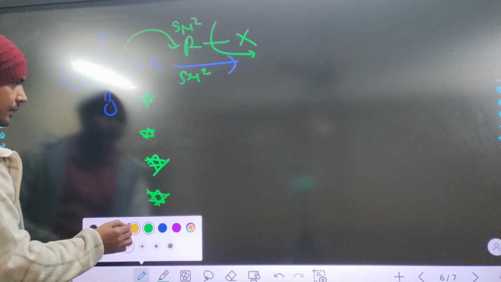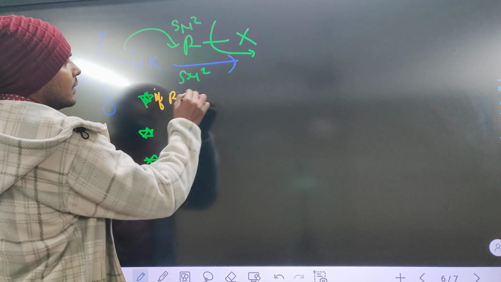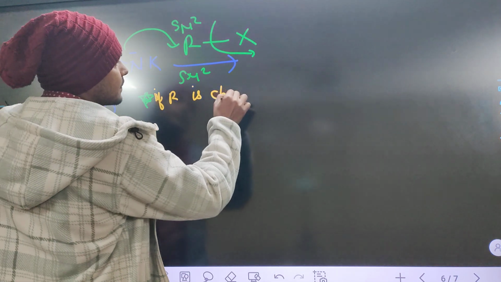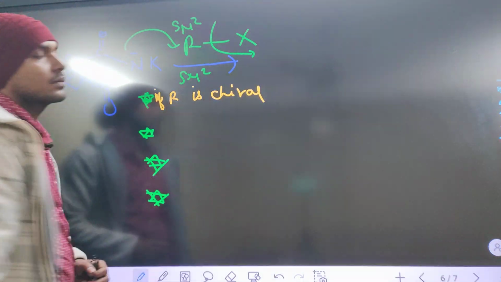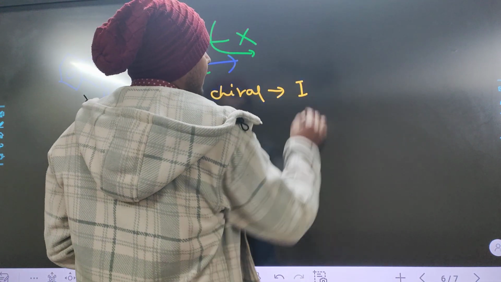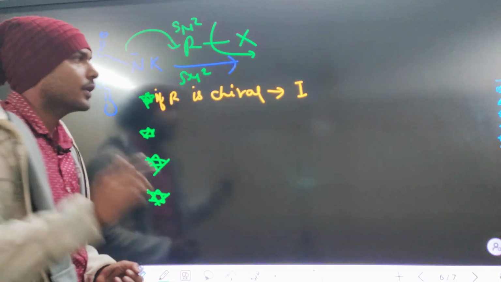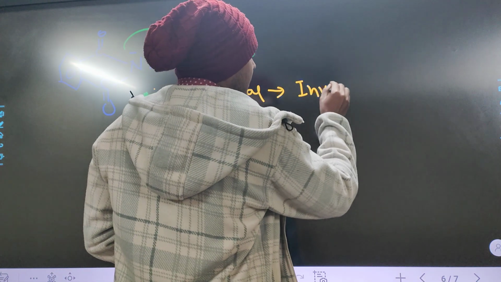So first, if R is chiral, then what will happen? Then it can give an inverted product, meaning inversion is possible.